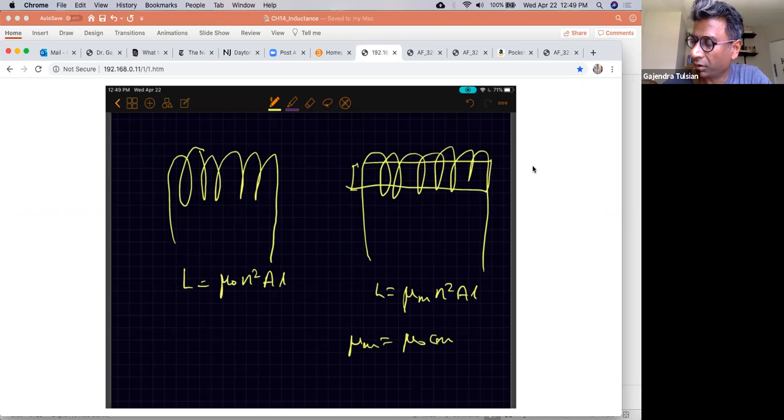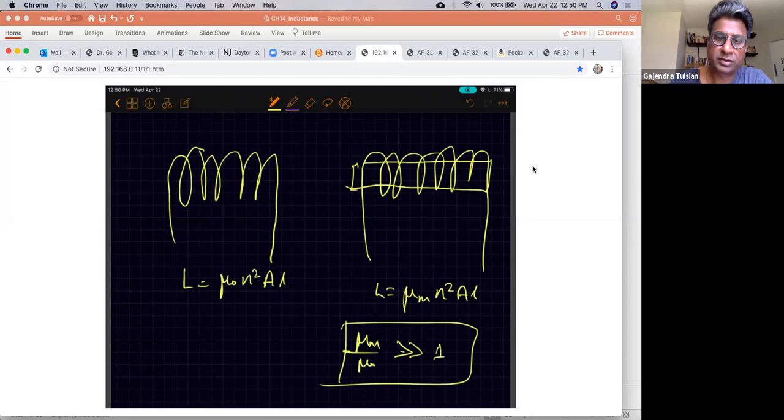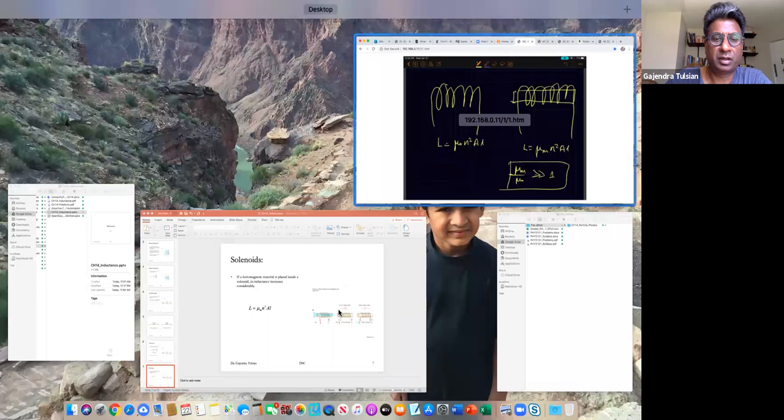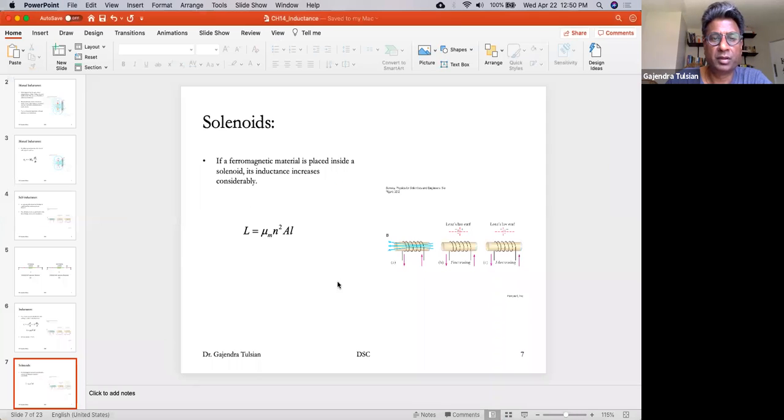I forget the standard notation for this constant, but mu m by mu naught is much greater than 1. Well, you can make it much greater than 1 for magnetic materials. So you can increase the self-inductance of a solenoid.